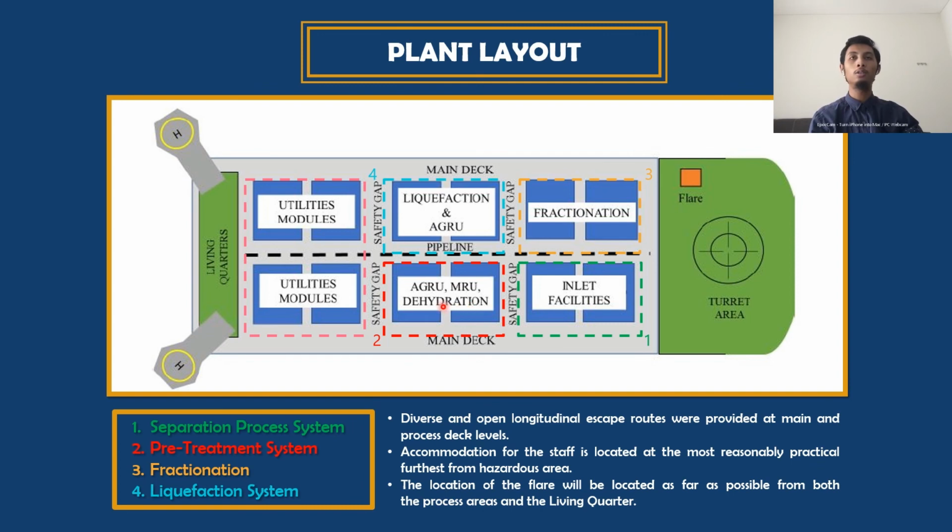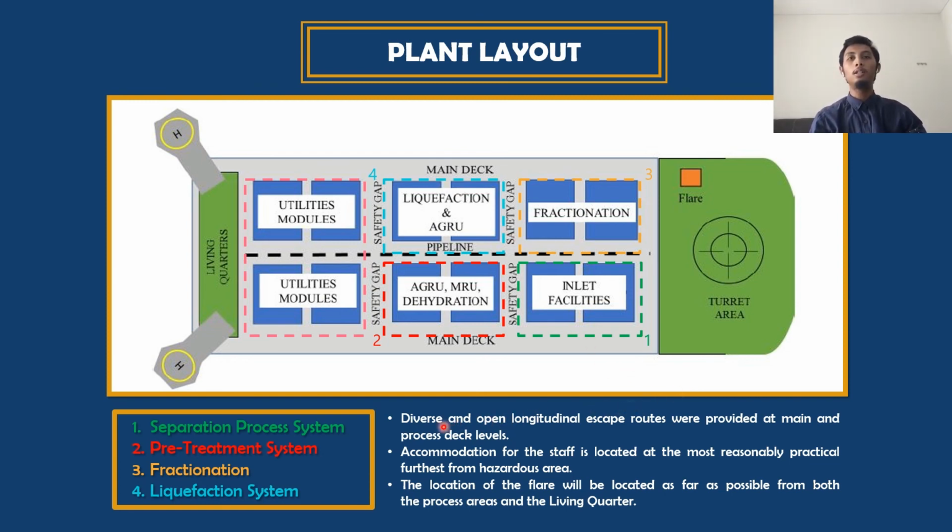This is where we conduct the pre-treatment process. And then we move on to number 3, which is the fractionation. This is used to separate methane from the other heavy hydrocarbons. And the last one will be liquefaction and storage.